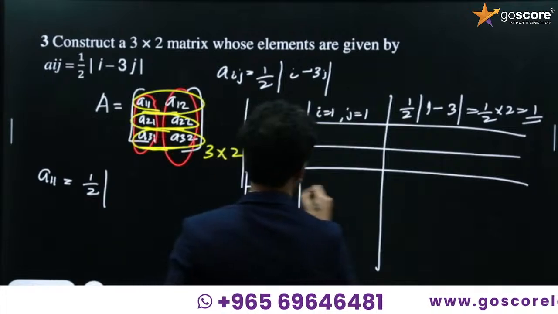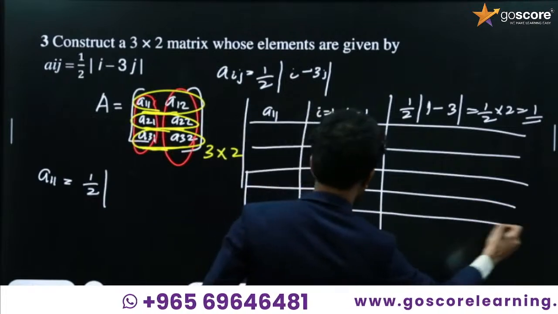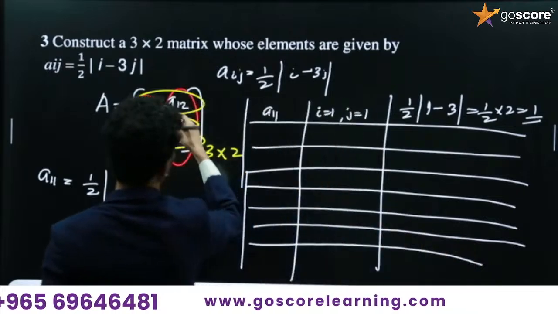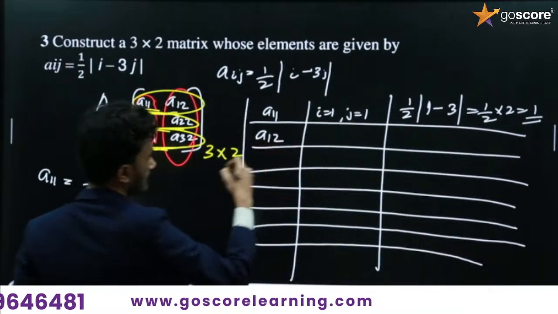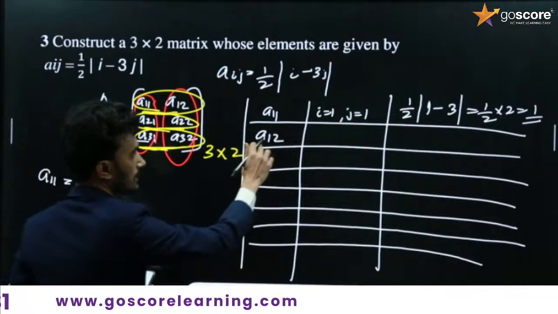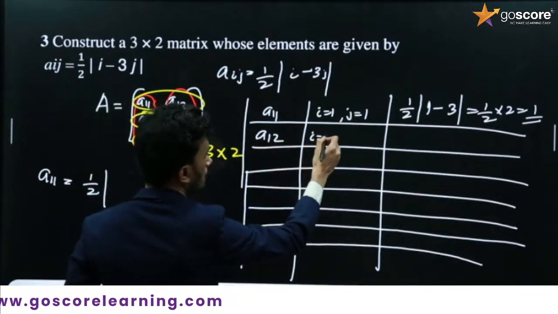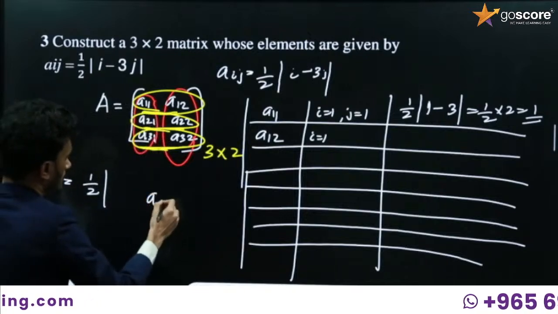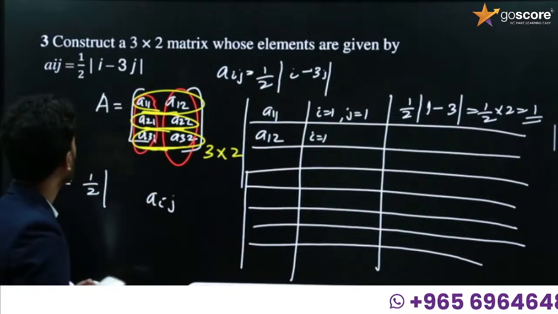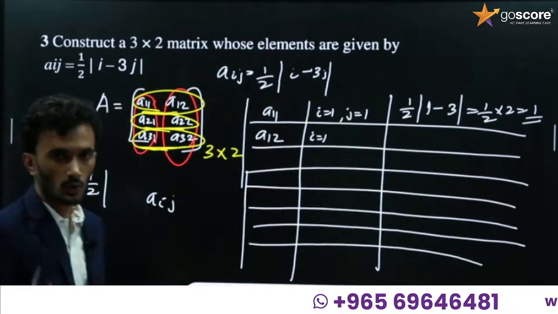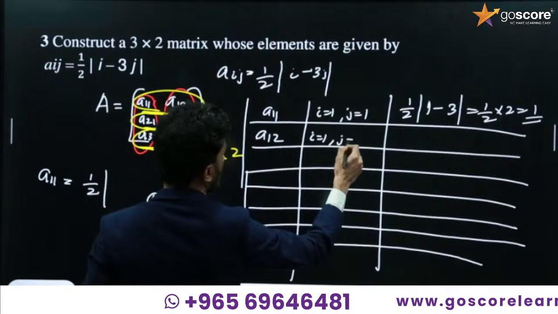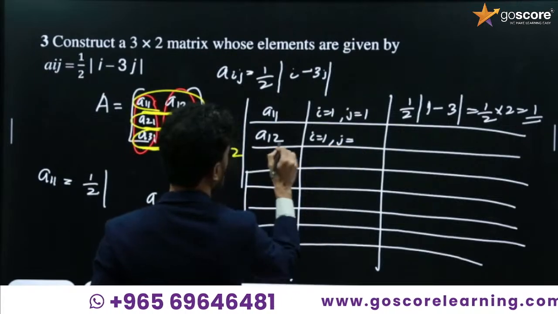Then the second value. What will be the second value? A12, the second element. This one is in the form of Aij. Aij is 1 by 2 into modulus of I minus 3j. So I is equal to 1, J is equal to 2.